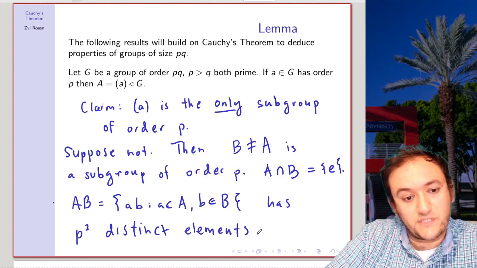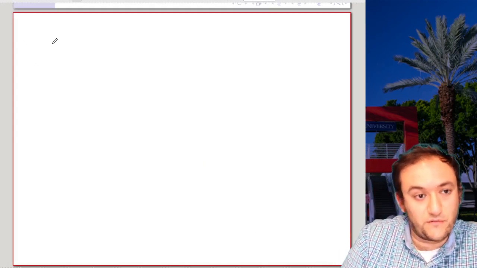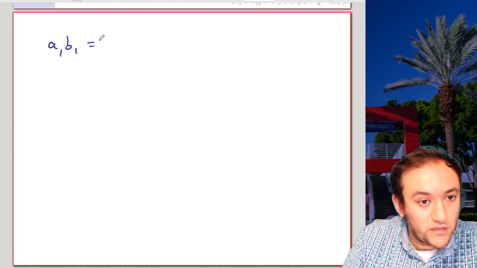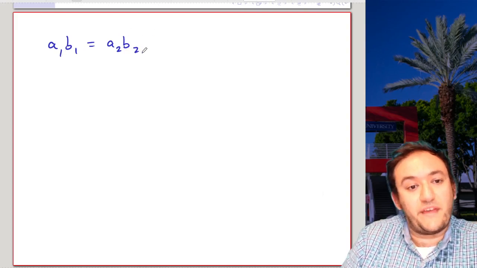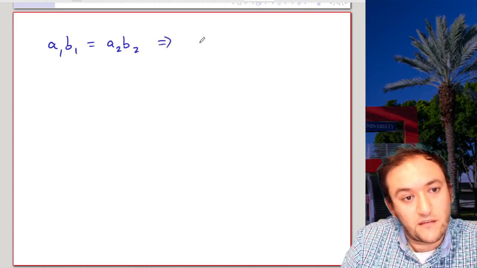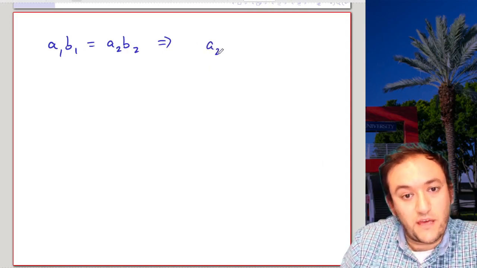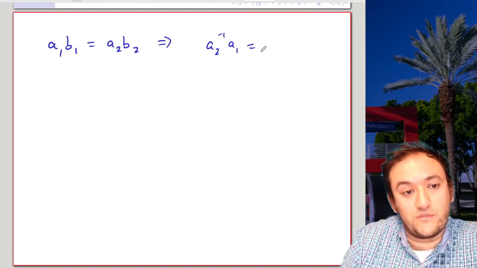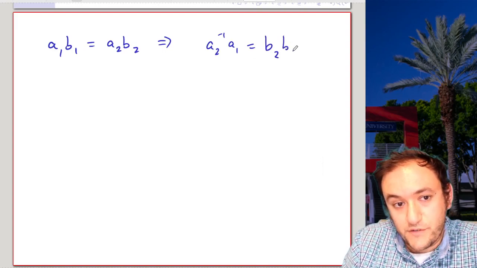Okay, because let's say we have two elements in AB that are identical, so a1 b1 equals a2 b2. Well then this means that a2 inverse a1 is equal to b2 b1 inverse.